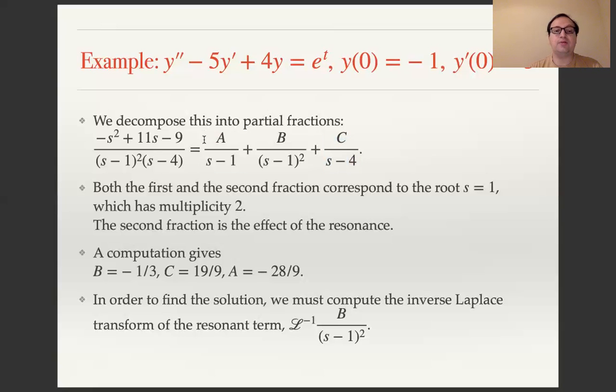The inverse Laplace transform of A over s minus 1 will be A times e to the power t, and the inverse Laplace transform of C over s minus 4 will be e raised to the power 4t times C. This follows in the same way as in the previous example. However, we still need to compute the inverse Laplace transform of B over s minus 1 squared. So we need to compute the inverse Laplace transform of 1 over s minus 1 squared.